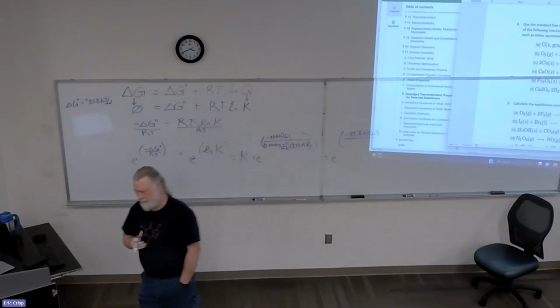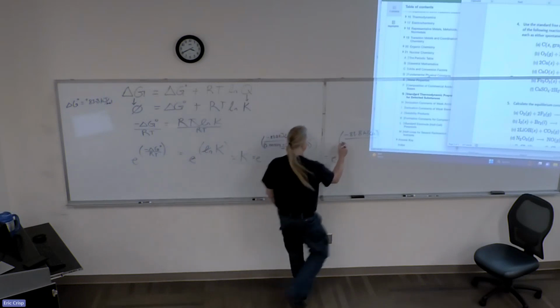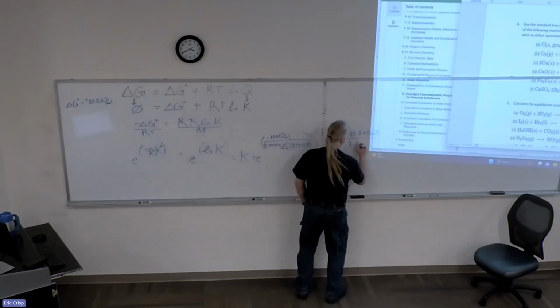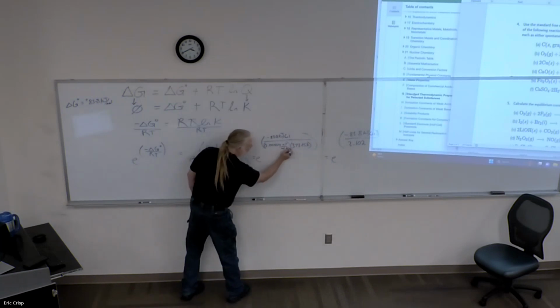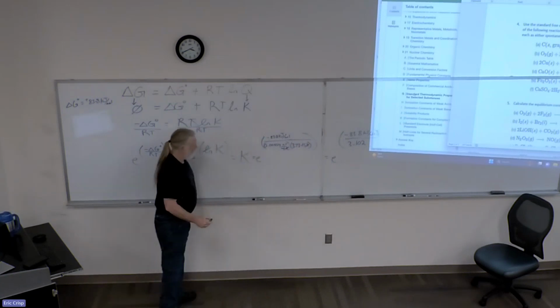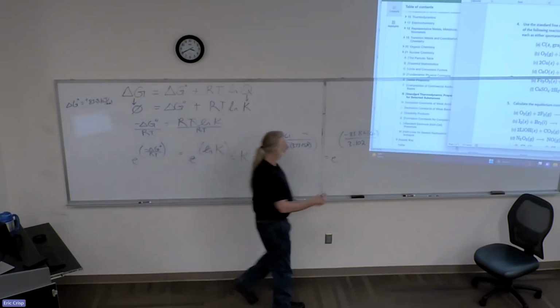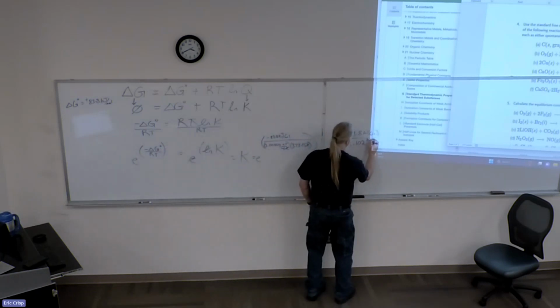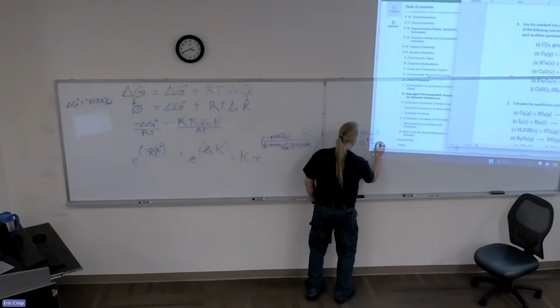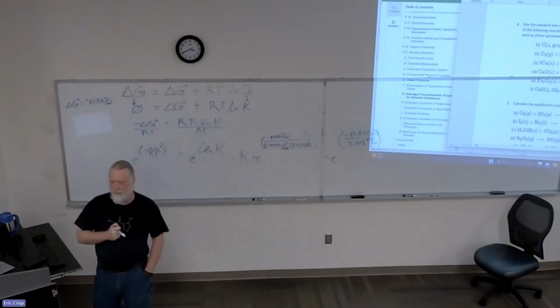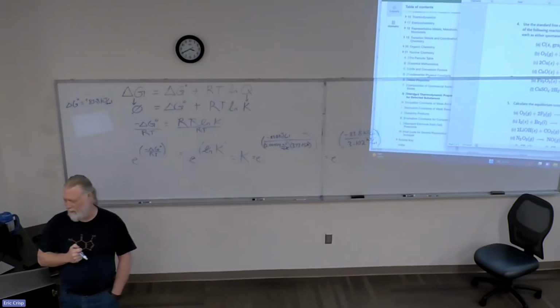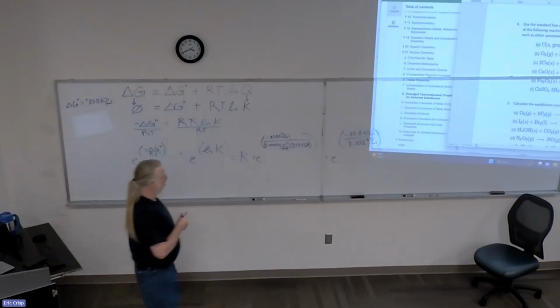Agreed? 3.102. 3.102, what units? Joules per mole. And remember, that's a good check for you. If your units do not cancel out and you're about to raise e to a power, be worried. Be very, very worried.